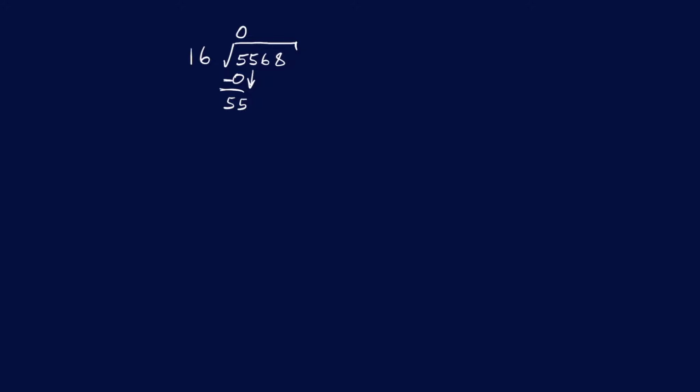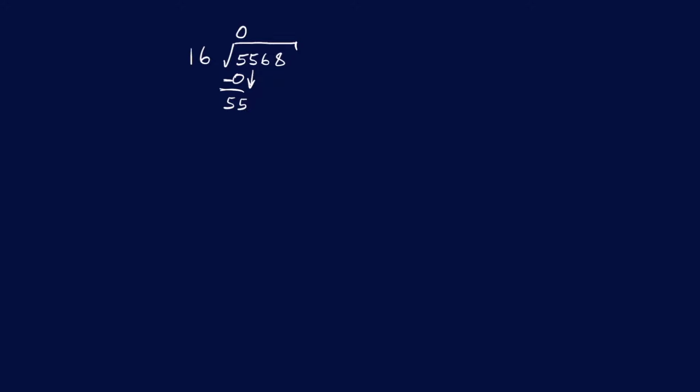Now, one thing that I like to do to make these long division problems a little bit easier, if you're just a beginner in math, is to write down the multiples of 16 so that you can quickly figure out how many times 16 goes into 55, for example. So 16 is a nice number because if you ever played Minecraft, you probably already know the first 4 multiples of 16 just off the top of your head.